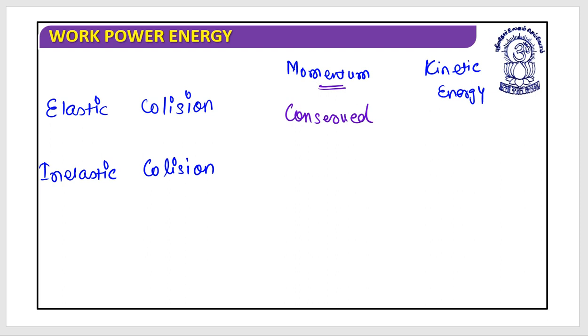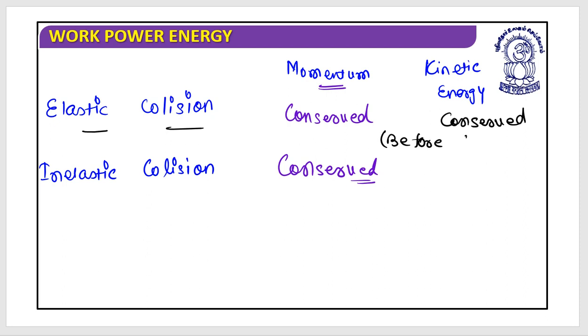When we talk about the inelastic collision, the momentum is conserved as well. So momentum is always conserved. When we talk about the kinetic energy, in the case of the elastic collision, it is going to be conserved, but that is for before collision and after collision.